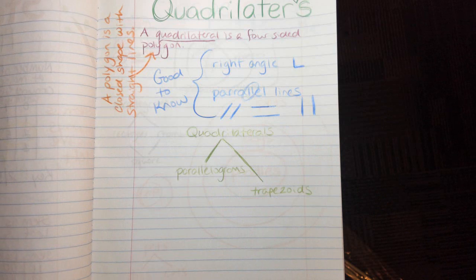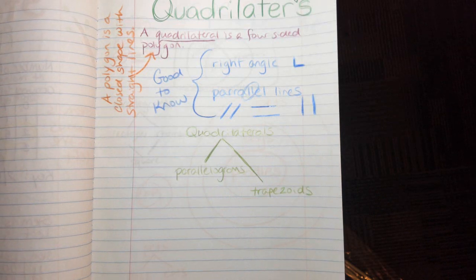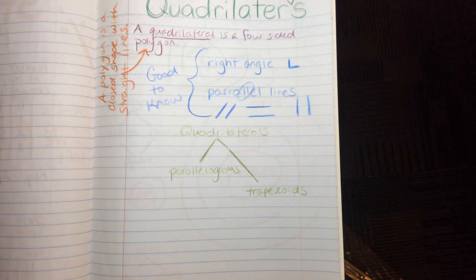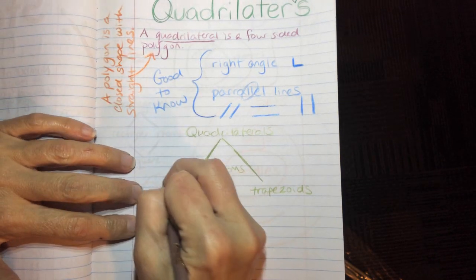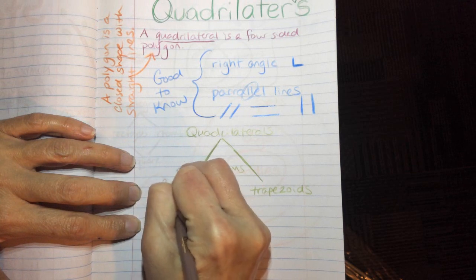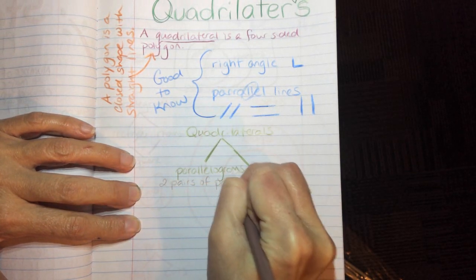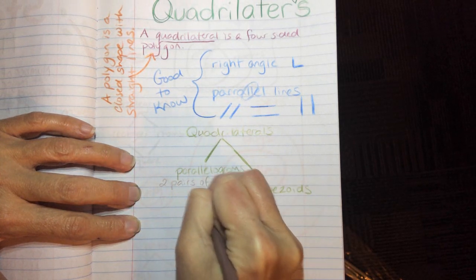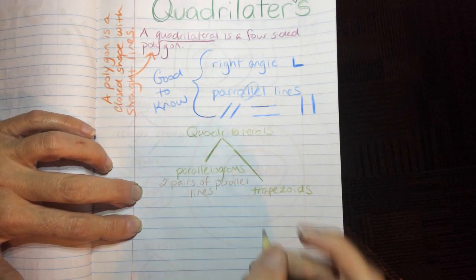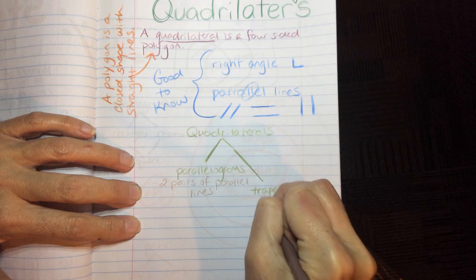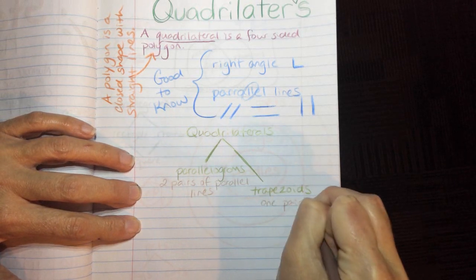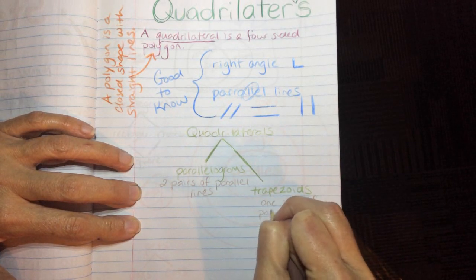So what's a parallelogram? What's a trapezoid? A parallelogram has two pairs of parallel lines. A trapezoid has only one pair of parallel lines.